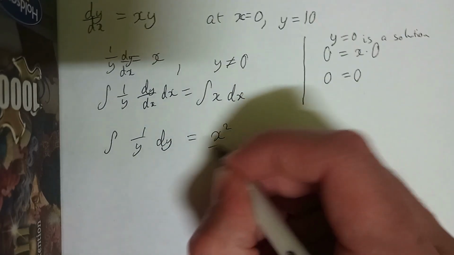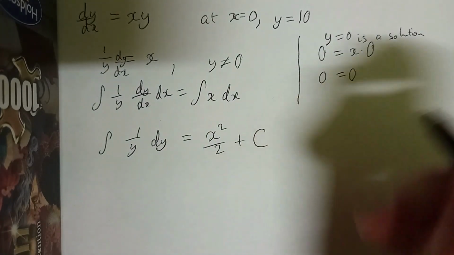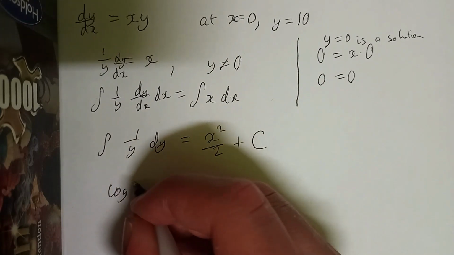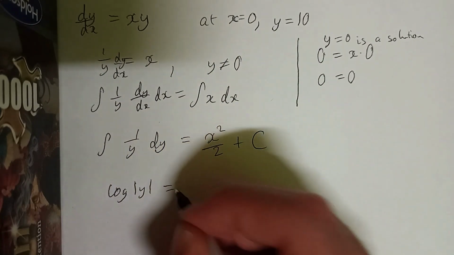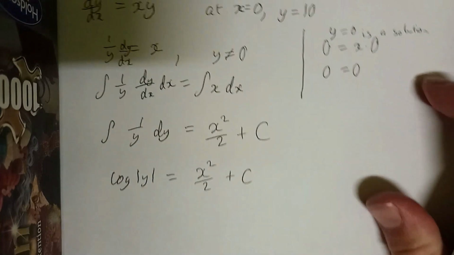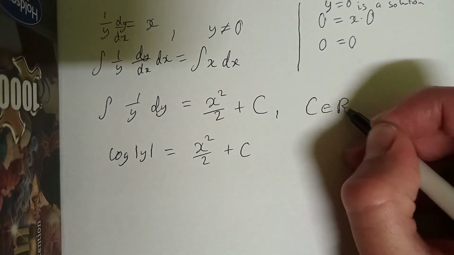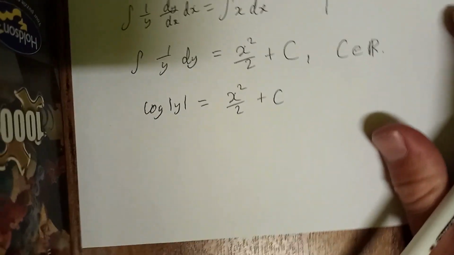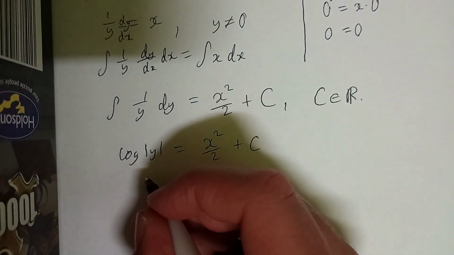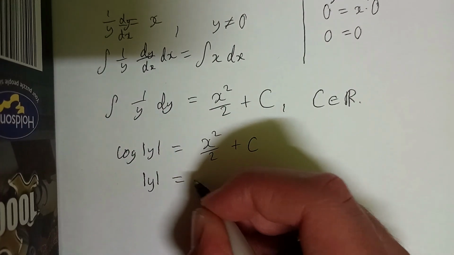And we can integrate this, and we'll get an integrating constant. So now we have that log of the absolute value of y equals x squared over 2 plus c, where c is some unknown constant, and we can write c is an element of R, which is a real valued constant. Okay, so then we can just take exponentials of both sides.